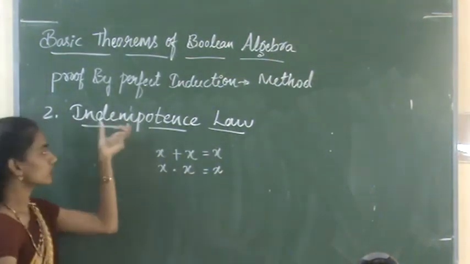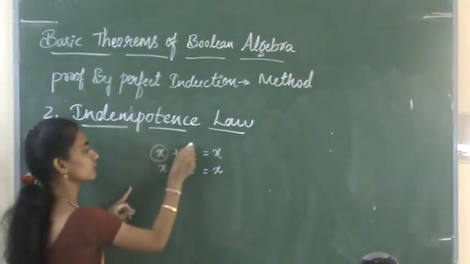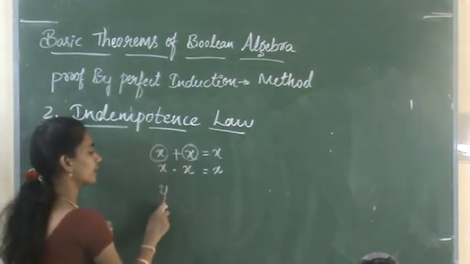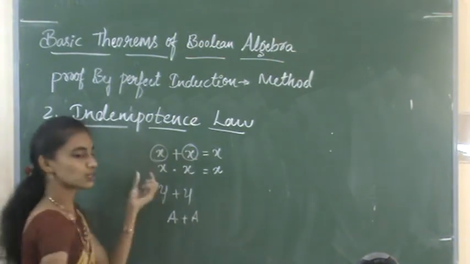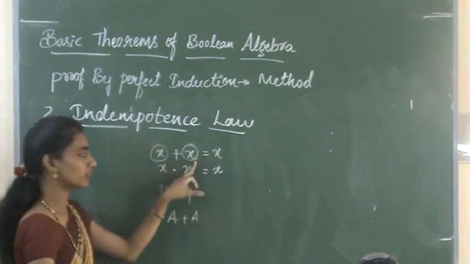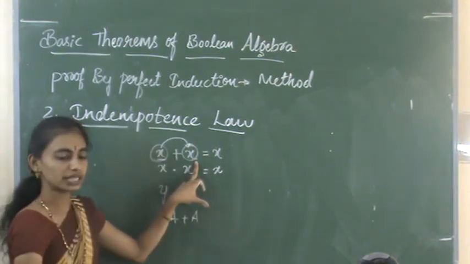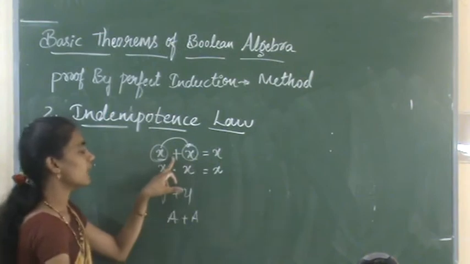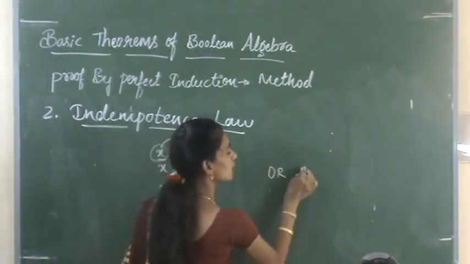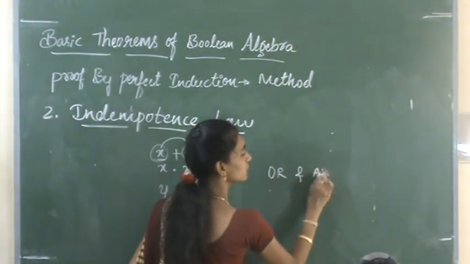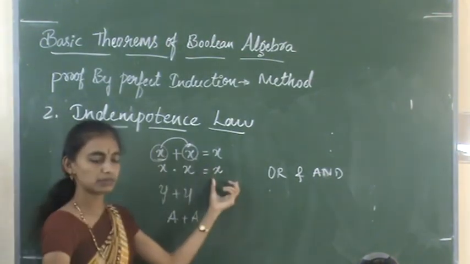Okay, so what does the idempotence law mean? When the variable, we are taking x in general, but we can take any variable like a, is combined with itself, that is, the same variable is combined with itself by using the and or or operator, or gates, we will get the same result.